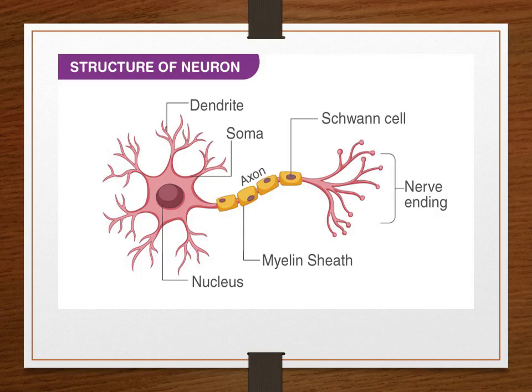It has a cytoplasm called axoplasm and is covered by a thin membrane called axolemma. So it carries impulses away from the cyton. The axon will end in branches called telodendria, and these telodendria will terminate in minute knobs called Bouton terminaux.